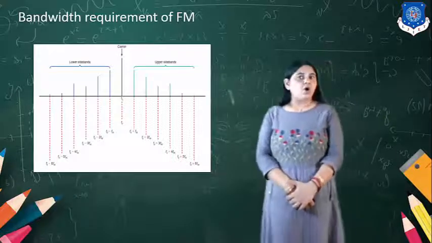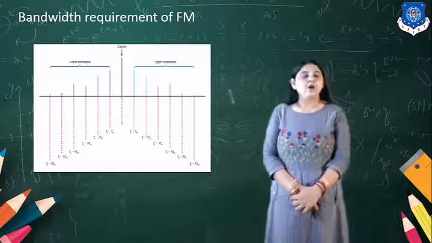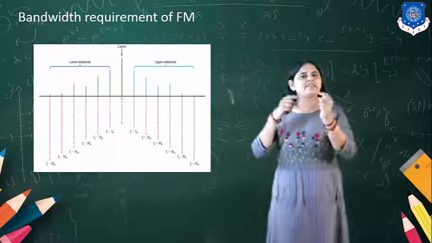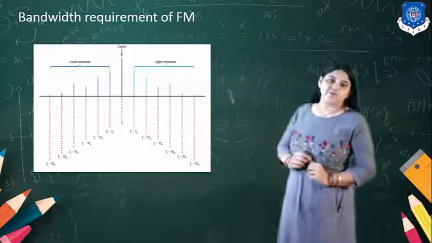If we assume all the signals are sine waves, all the sidebands combine and make one FM wave.